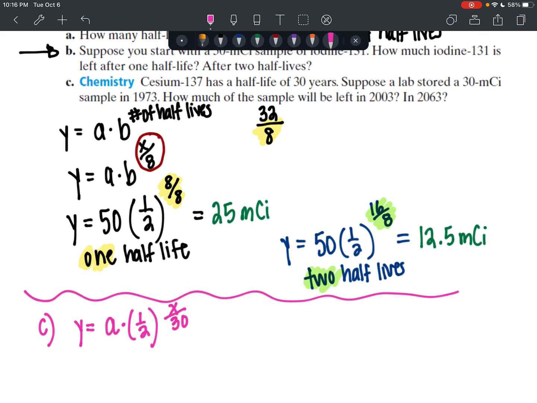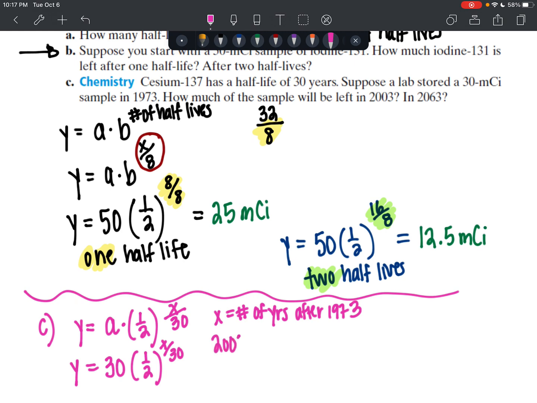Suppose a lab stored 30 millicuries. So we're going to have 30 for our initial value times 1/2 raised to the x over 30. That was in 1973. Therefore, x equals the number of years after 1973. How much will be left in 2003?